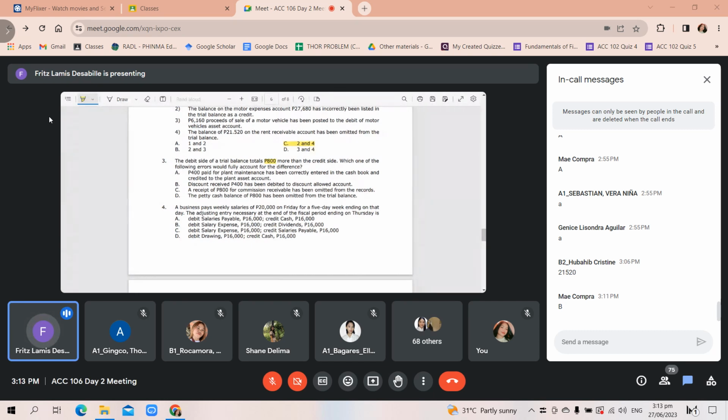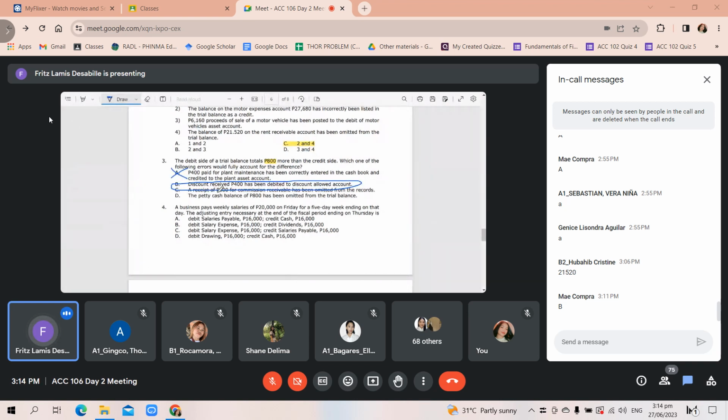And a credit to allowance, no? Discount on sales and allowance, a credit to sales. Nya discount allowed. Okay. Sige, part na akong B kay di ko sure kung unsay pasabot ani sa B. Sa C sa ta. So ang A is wrong.